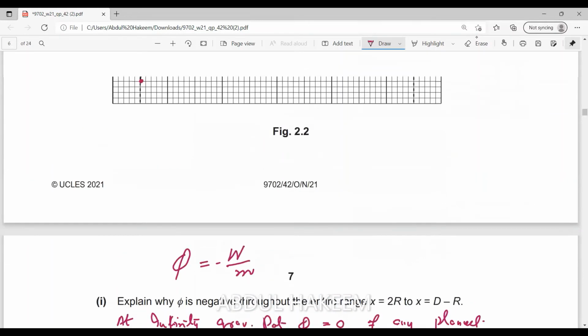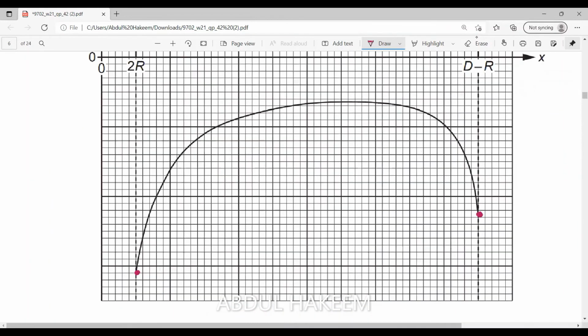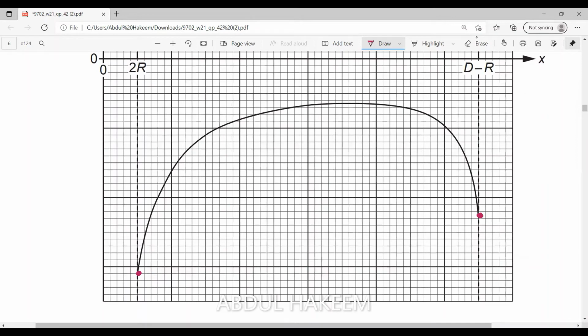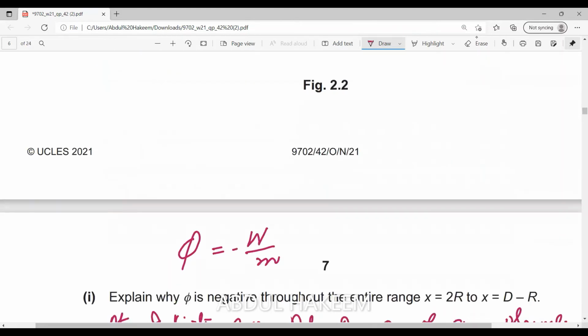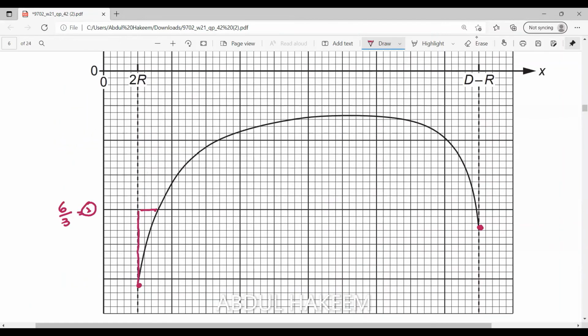And the next is, look at the gradient. If we go 1, 2, 3, 4, 5 and 6 boxes here, 6 boxes vertically, then 1, 2, 3 boxes horizontally. So 6 divided by 3, the gradient is 2. And similarly here, if we move 6 boxes vertically, suppose we start from this point, 1, 2, 3, 4, 5 and 6, here it is just 1.